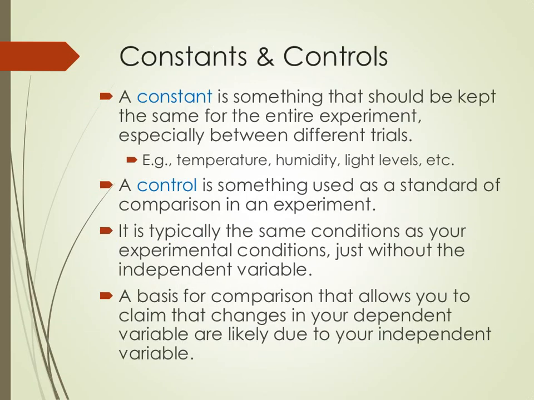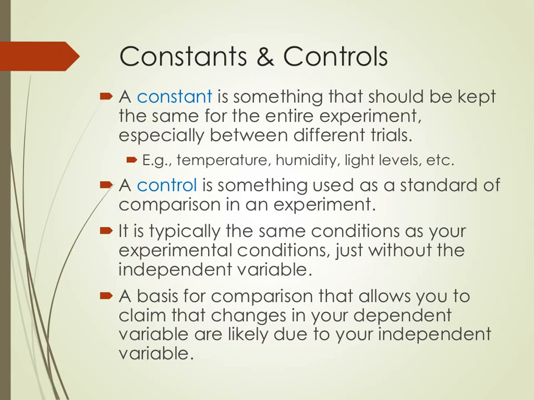Constants and controls. These, again, are things that are often brought up the first day of any science class, and then you never hear about them again. A constant is something that you need to keep the same for the entire experiment, especially between different trials. You might hear them called confounding variables. Things that you hold constant are things that could impact your data, and you want to make sure that they don't. Very often these are things like temperature.